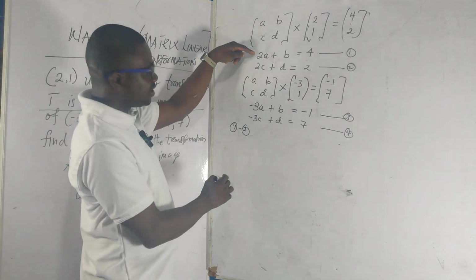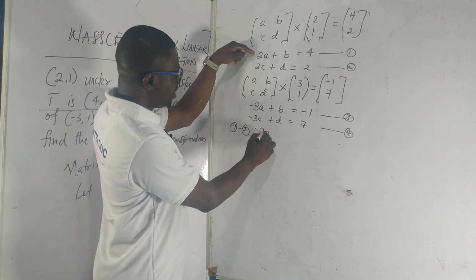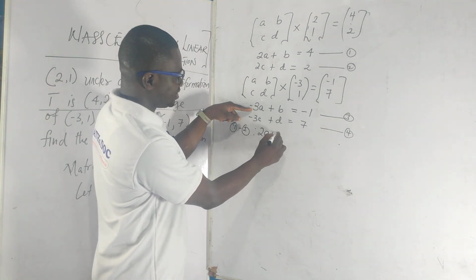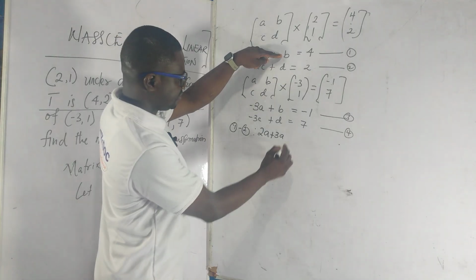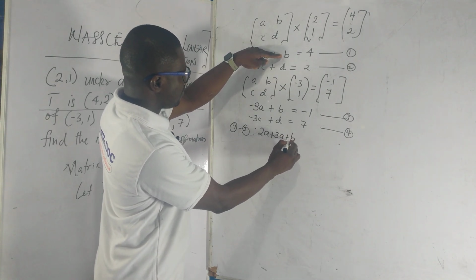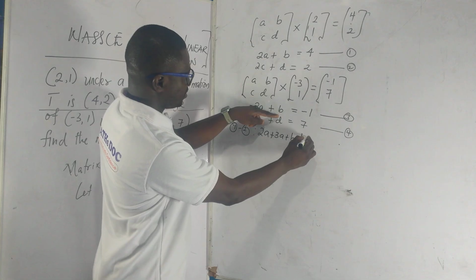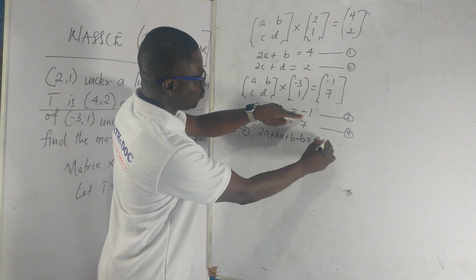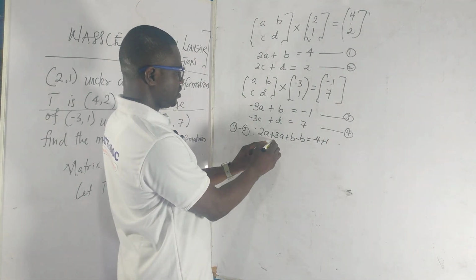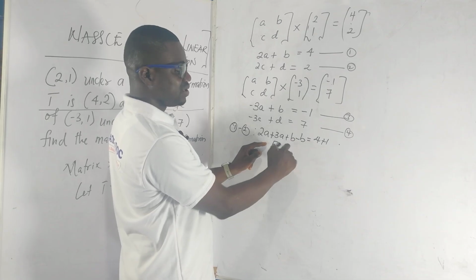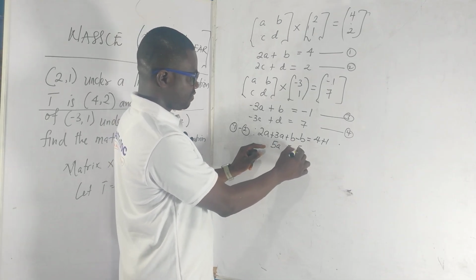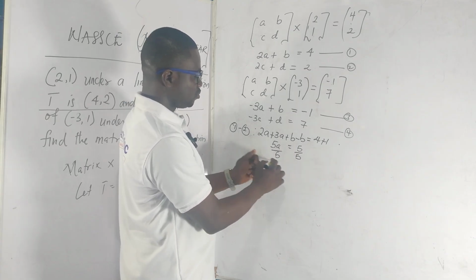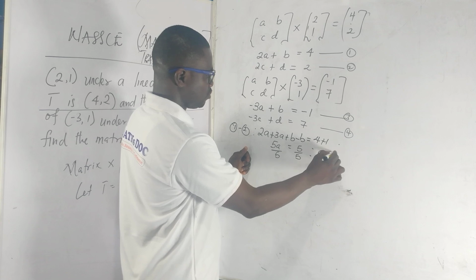Taking 2a minus (-3a) gives you plus 3a, and then b minus b, equal to 4 minus (-1), which gives you plus 1. Simplifying, this gives you 5a, since b minus b is 0, equal to 5. Then we divide both sides by 5, so our a is equal to 1.